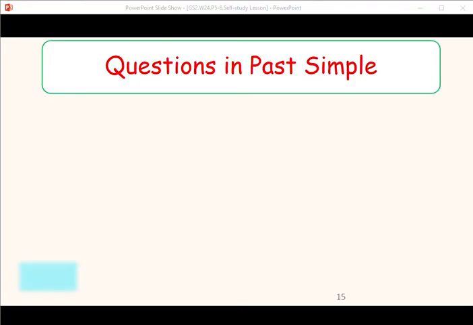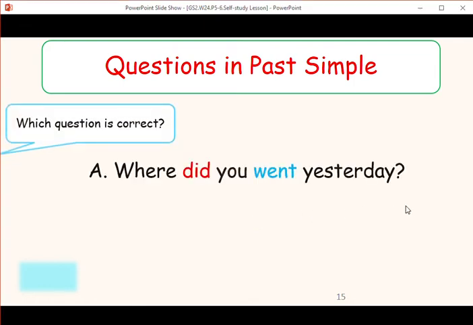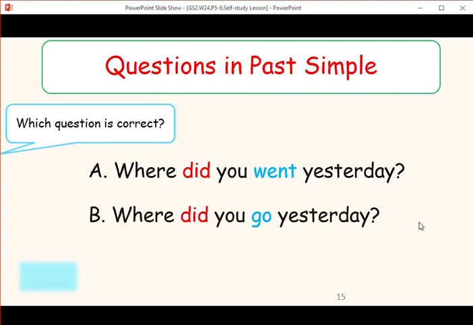So, we've just reviewed the verbs in the past. Now, it's time to review the questions in the past simple tense. Let's read the questions and tell me which question is correct. You will have 10 seconds to think.